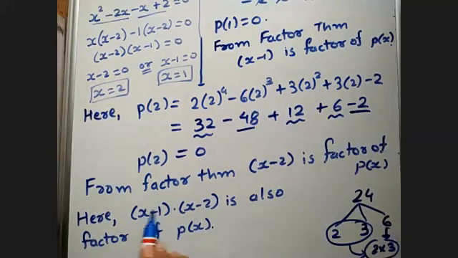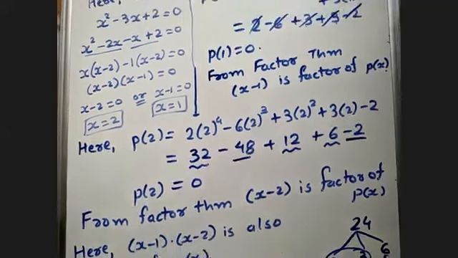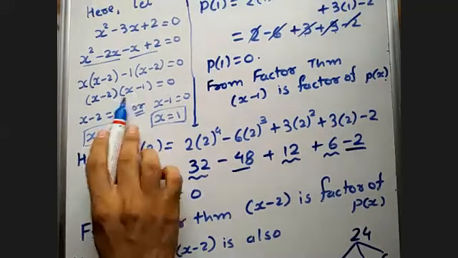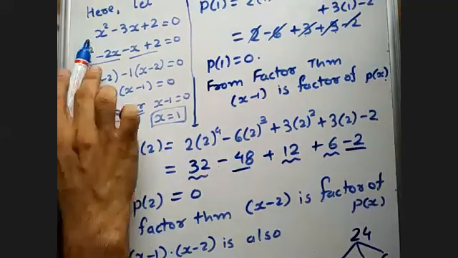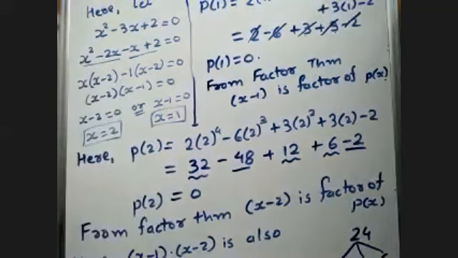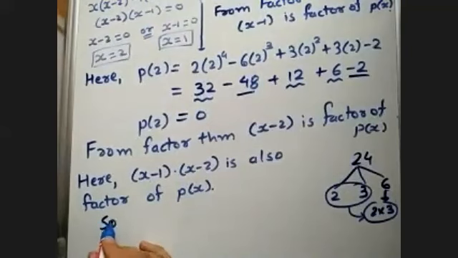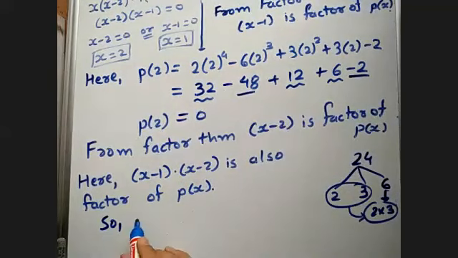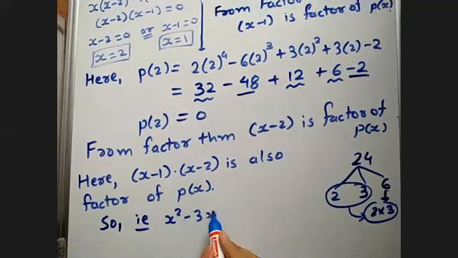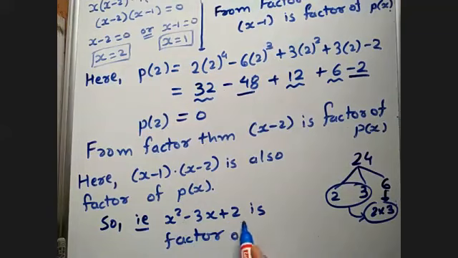And what is x minus 1 into x minus 2? That we have found earlier, it is x square minus 3x plus 2. So x square minus 3x plus 2 is a factor of p of x.